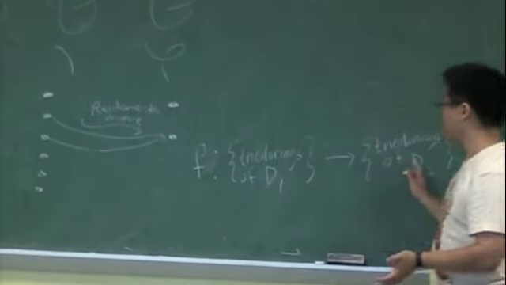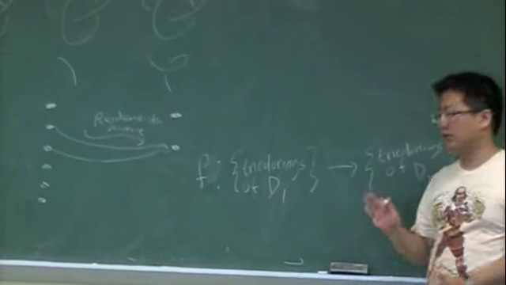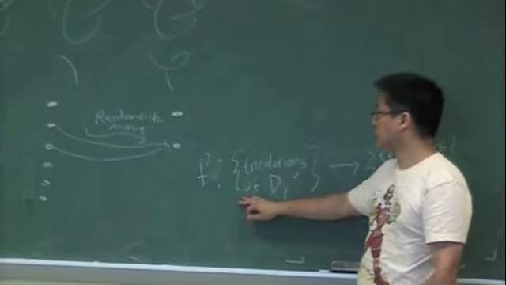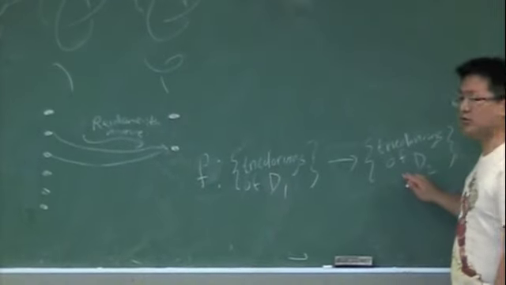So D1 and D2 are related by whatever Reidemeister move you're investigating. And you're defining a function that goes from tricolorings of D1 to tricolorings of D2.